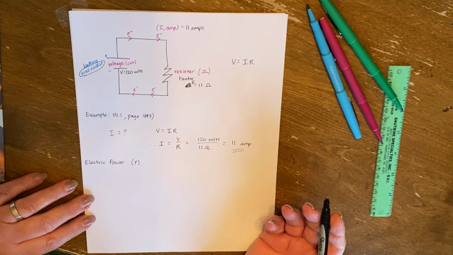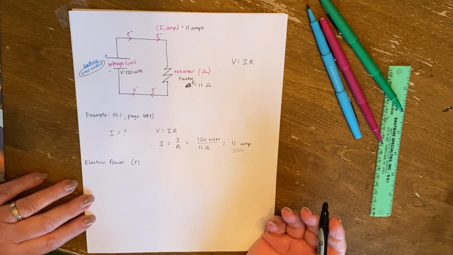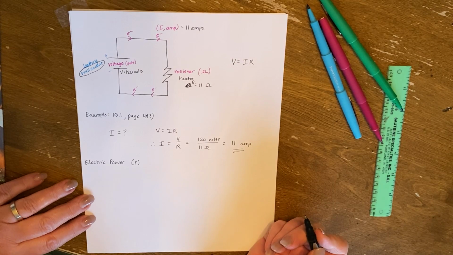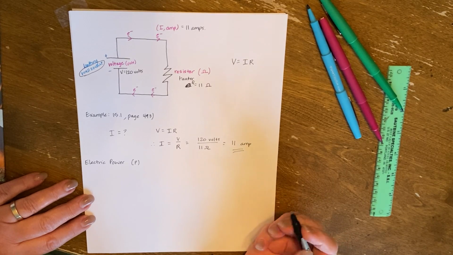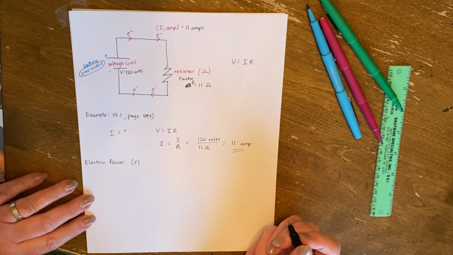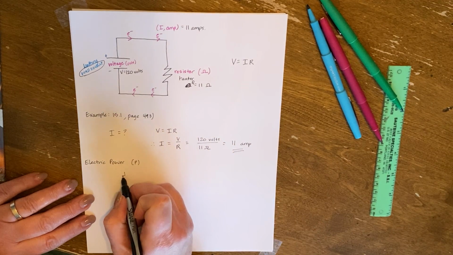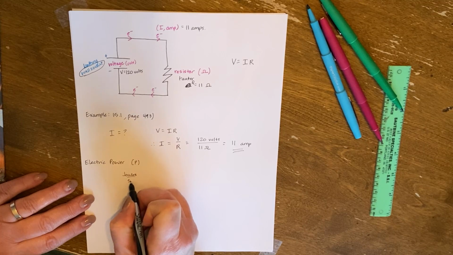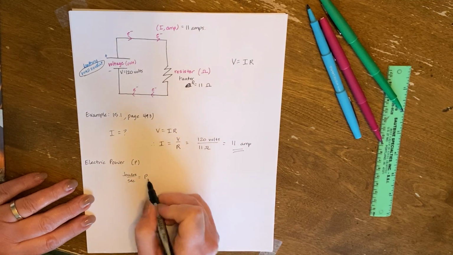And to know that, we need to understand power. Remember module 8, we studied power, and it was how much energy was used per second, right? So it was like joules per second equals power.